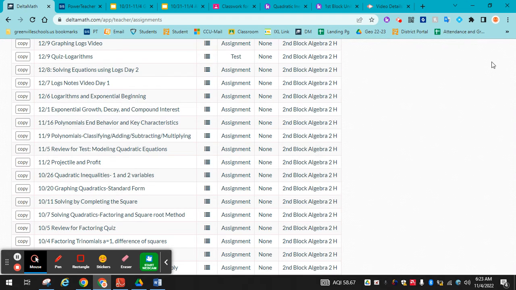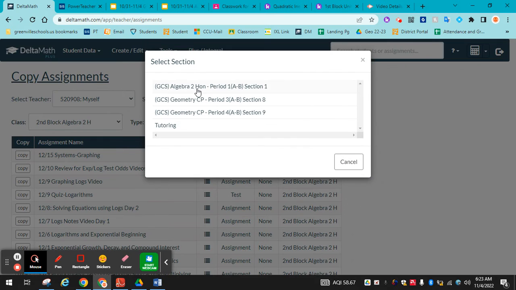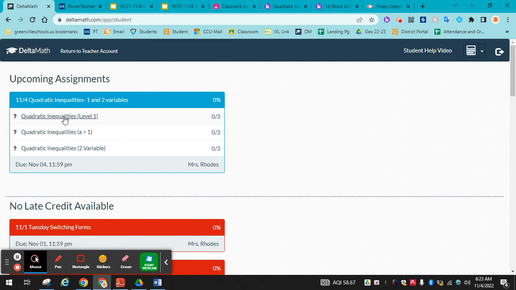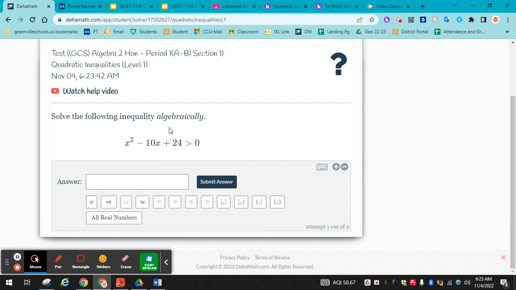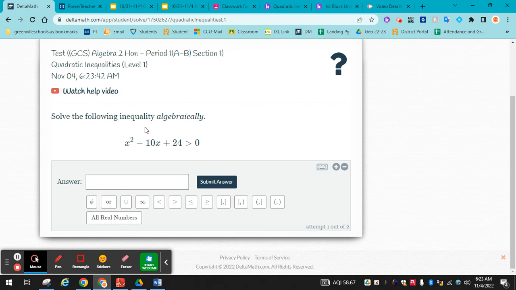So I was just going to do one of them. It was created correctly. Algebra 2, so that's these first two. Level 1, a is equal to 1 every time. And that is what you're solving. So I would factor all these, guys. Don't make your life hard.